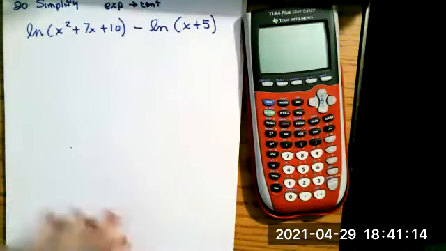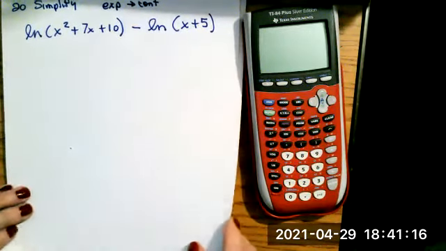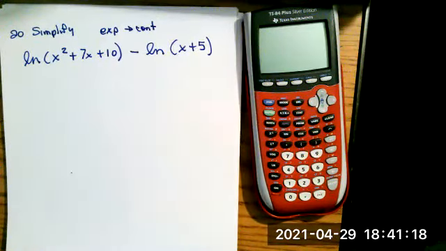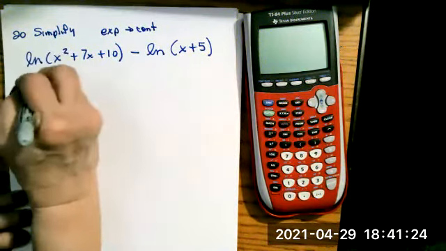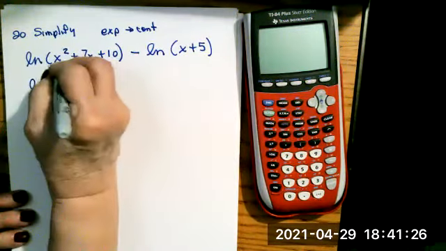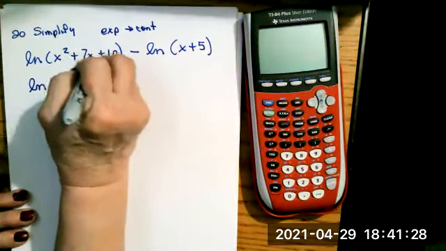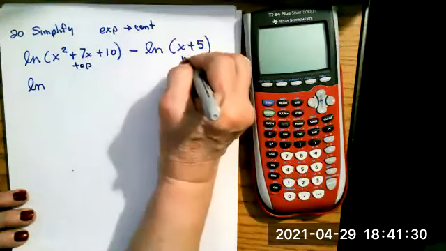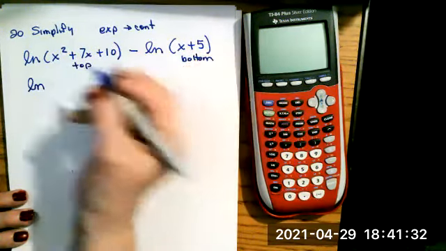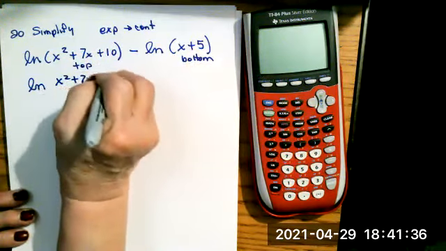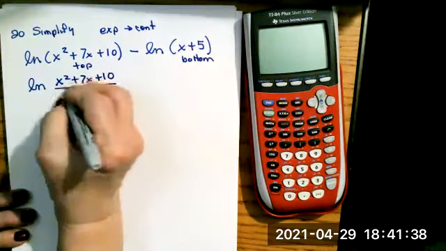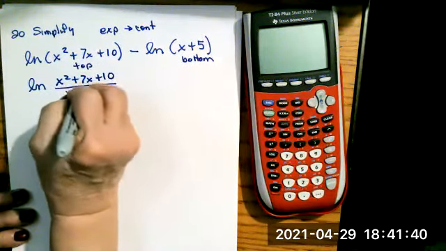That's what we're going to have to do. So we write one ln and we put this one on the top, and because it's minus, this one goes on the bottom. So we have x squared plus 7x plus 10 over x plus 5.